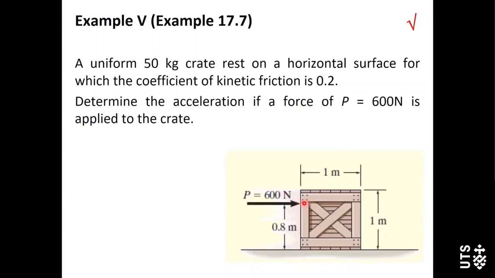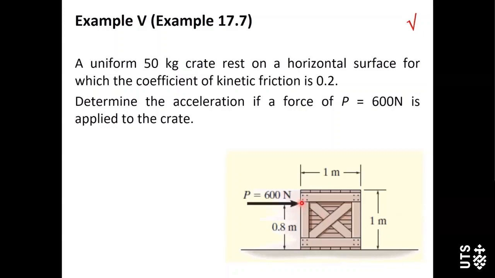You probably think the only possibility is that after acting this external force P at this point, this crate will be moving forward. It will be a translation. Yes, this is correct, but just one possibility.